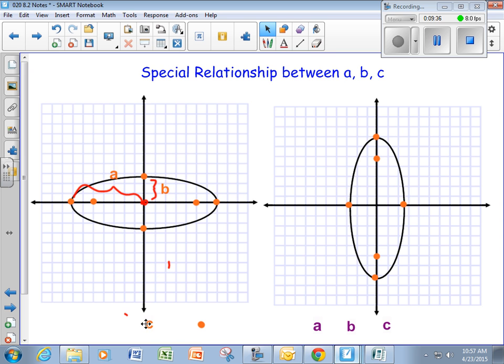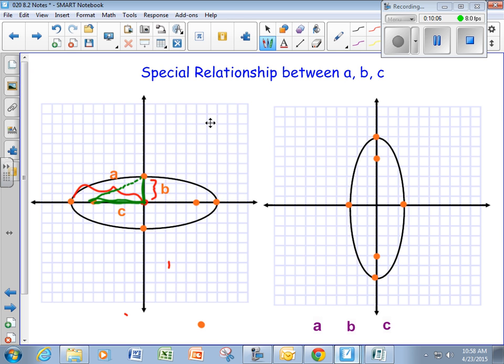And c is actually the distance from the center to a focus point. So this is our c. This is our b. Now you might see a right triangle forming. And what's interesting is this hypotenuse, this diagonal length from the top here to the focus, is actually a.